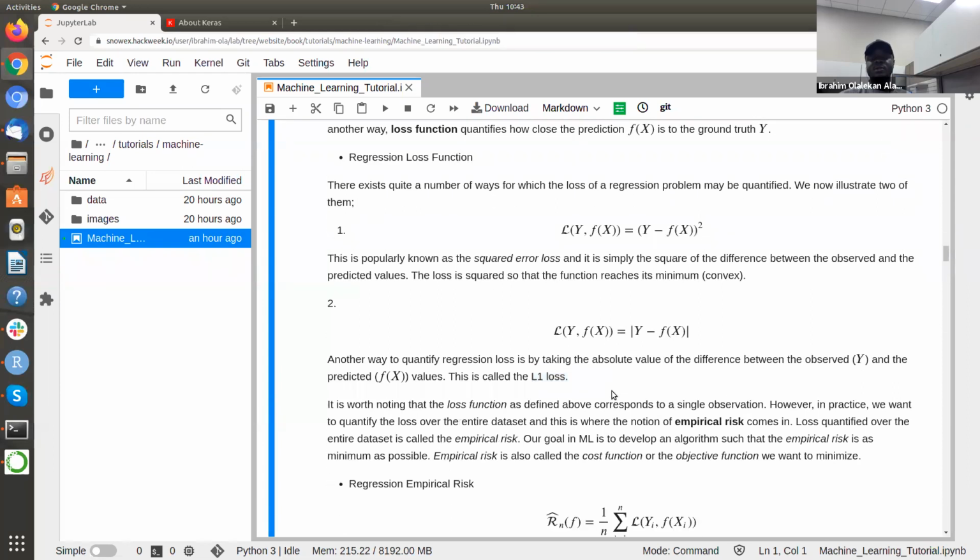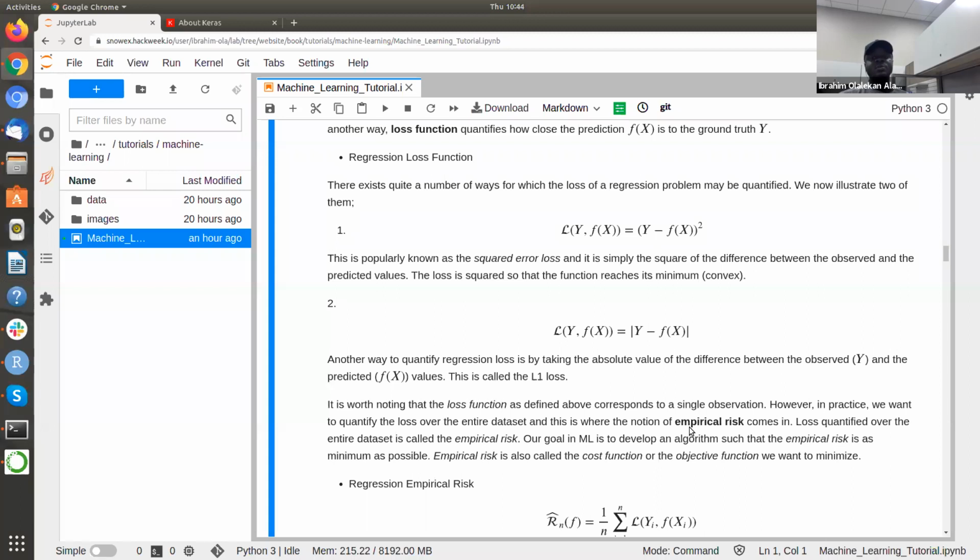It is worth noting that this loss function as written here corresponds to one observation. So if we have 1,000 observations in my training set, we have 1,000 of these values. In practice, we want to quantify the loss over the entire data set. Quantifying the loss over the entire data set is called the empirical risk.